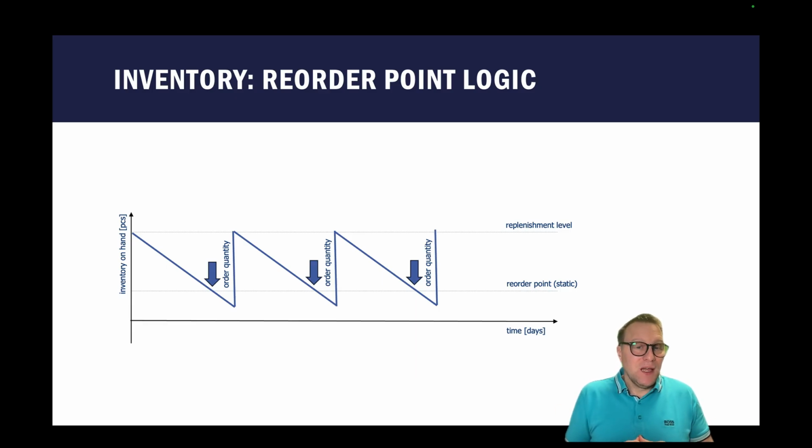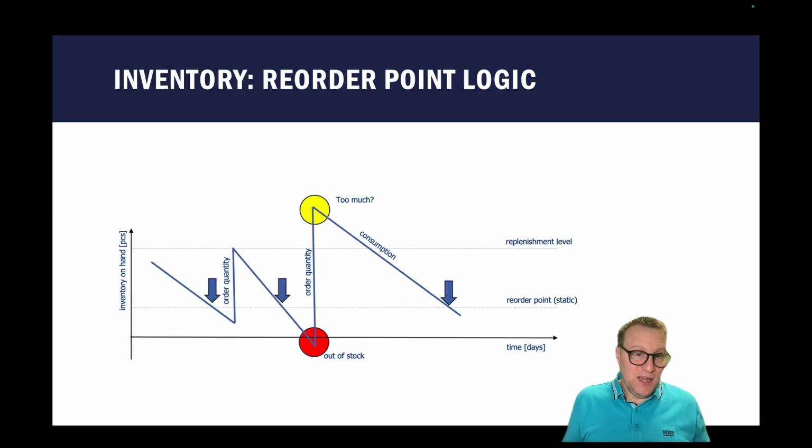Here you have a very frequent pattern, which would be quite stable to handle. The reality is, of course, way more complex. The slope of the so-called consumption of the inventory might change. This is maybe indicated here. So you start with a normal slope, that's the consumption of your inventory, then you order something, and then maybe the slope changes a little bit. I don't know if you can see it in the picture, but it changes. And then you're a little bit too late if you just have this reorder point, and then you go maybe below zero stock, and this is called out of stock.